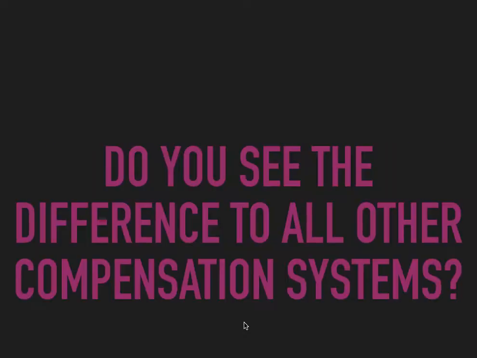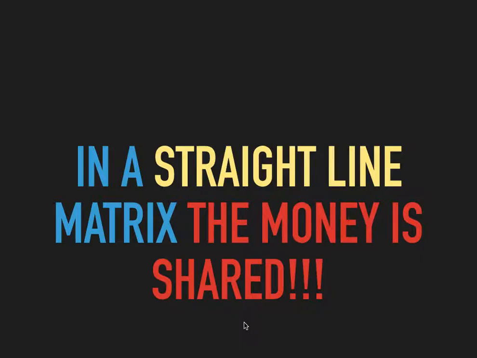So the main difference in the compensation plan, let's call it that, it's not exactly a compensation plan, between the single line matrix that BTC groups uses and all the other MLM compensation plans, is that in a straight line matrix, the money is shared among members using the rules that we set above.